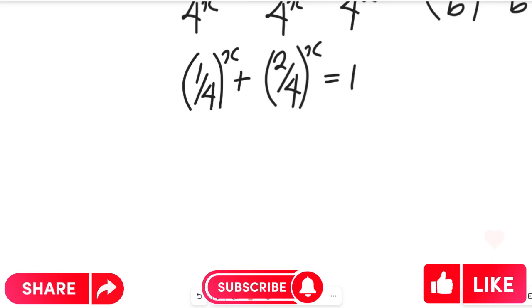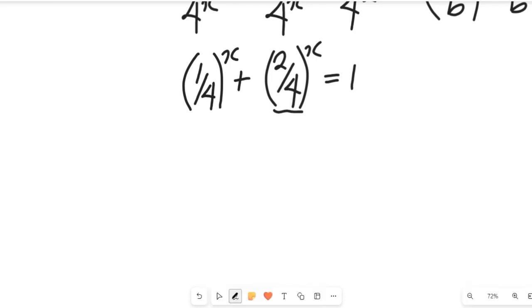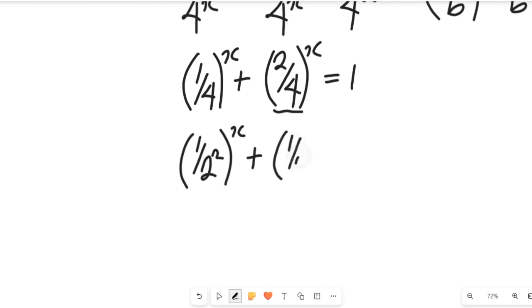Now, having done this, you can see that 2 divided by 4 gives us 1 divided by 2. So over here we'll have 1 divided by 2 to the power of 2, all to the power of x, plus 1 divided by 2 to the power of x, and this will be equal to 1.